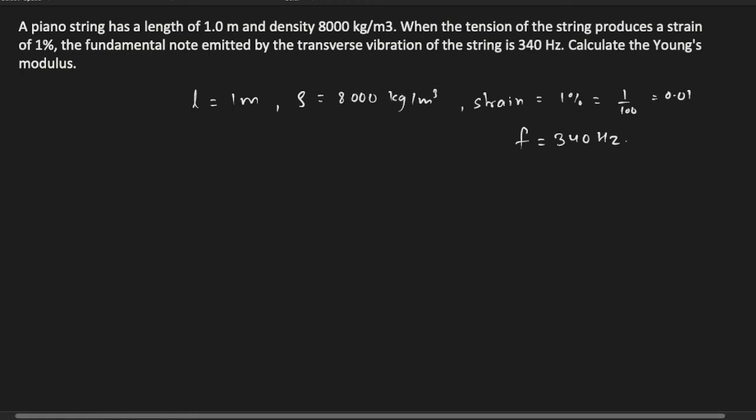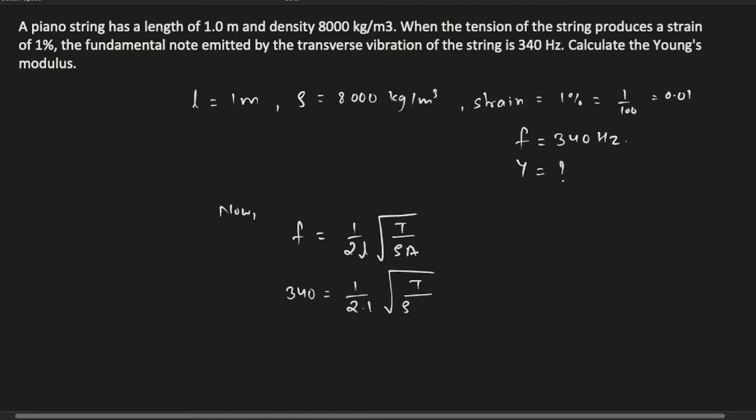Calculate the Young's modulus. Young's modulus is equal to... So now we'll use the formula for fundamental frequency as 1 by 2L root under T by density into area. Fundamental frequency is 340 equal to 1 by 2 into 1 under T by density, and density is given as 8,000 into area.